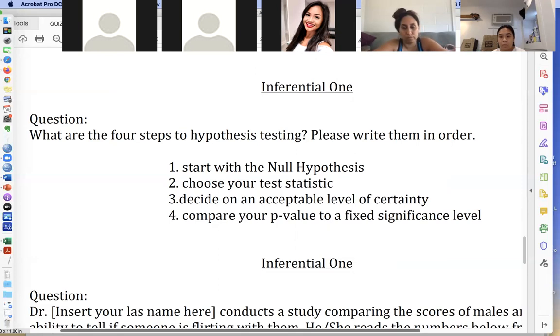We get a value for our statistic, and then we compare that to the chance value. And our comparison to the chance value tells you how likely our results are to be only due to chance, or how likely they are really there in the population.